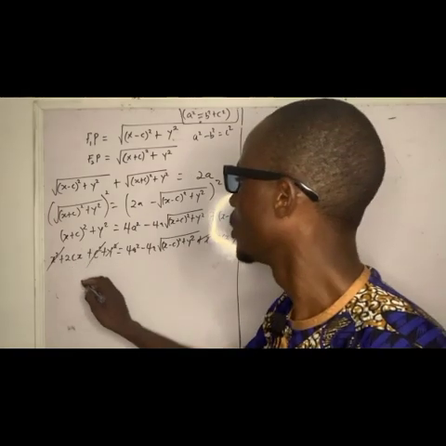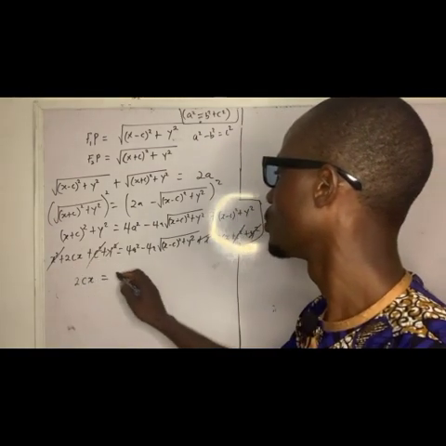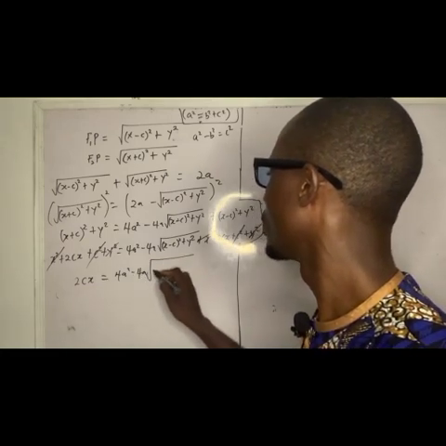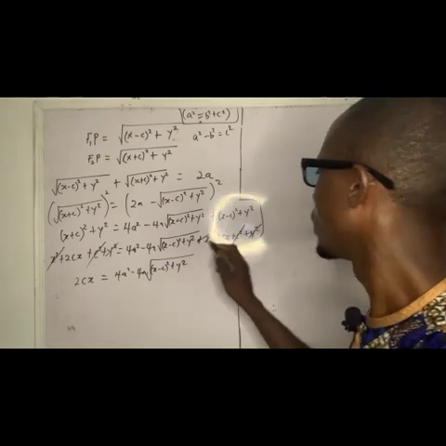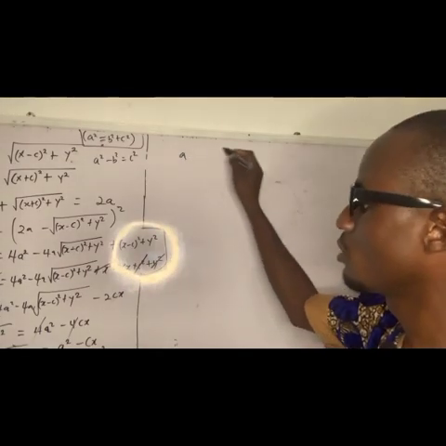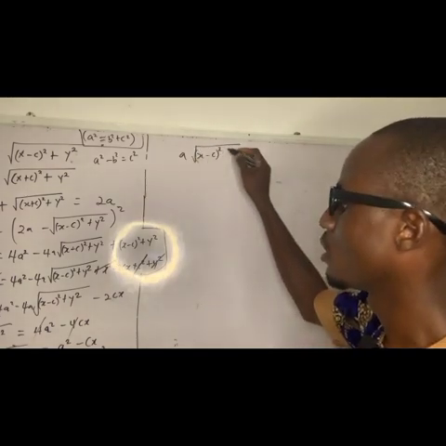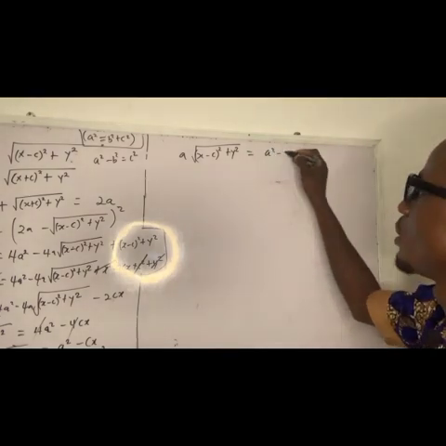So having that, what will be left at this side is 2cx all equals to 4a squared minus 4a root (x minus c) all squared plus y squared. Then this would be minus 2cx. I have a root (x minus c) all squared plus y squared all equals a squared minus cx.